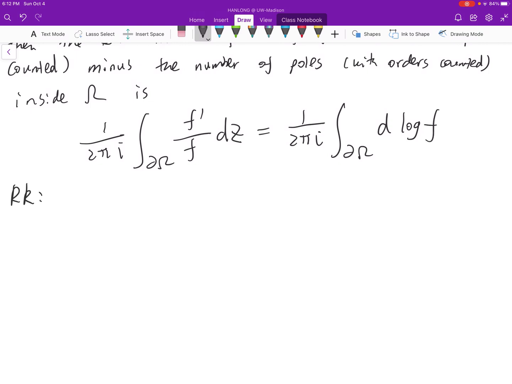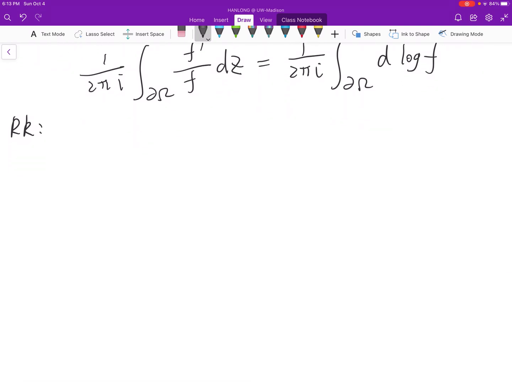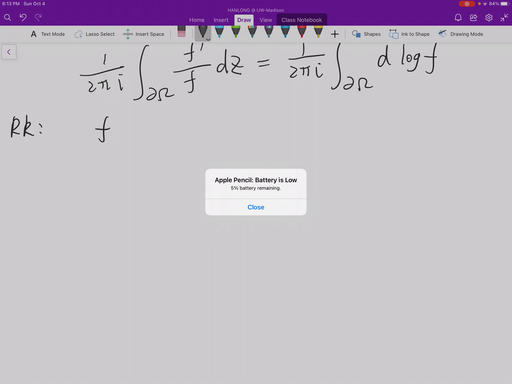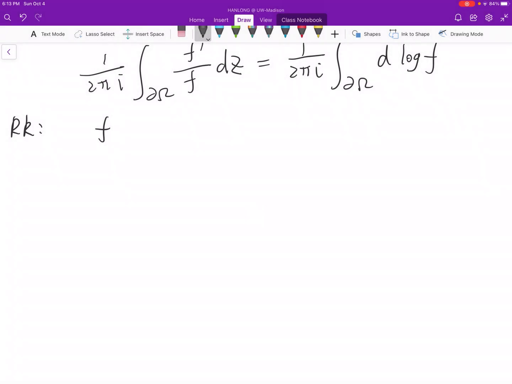So let's make one remark first. Before we said if f is a holomorphic function, then we can draw the conclusion that f prime over f has principal part k over z minus a.